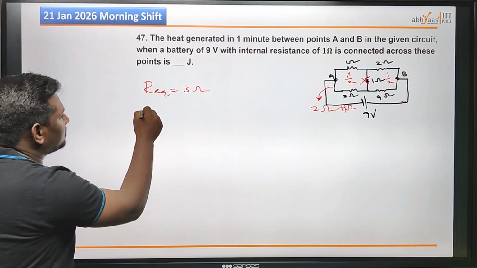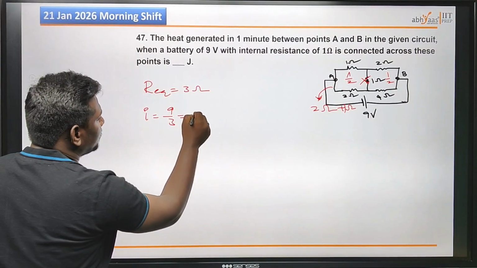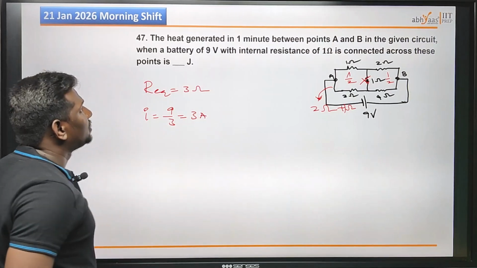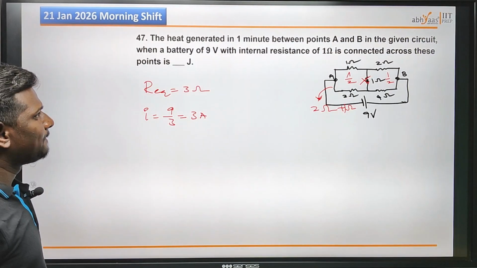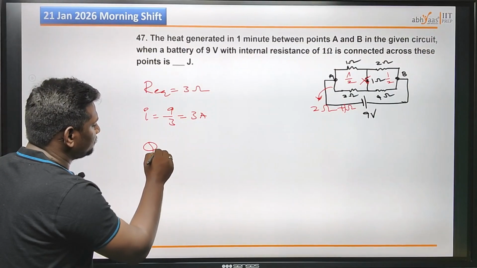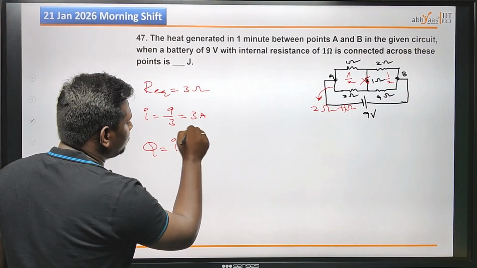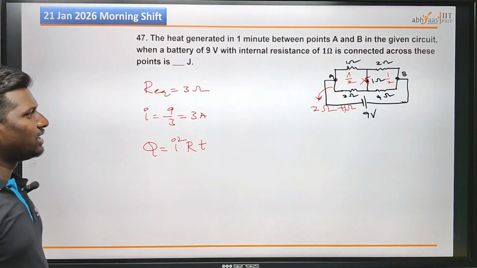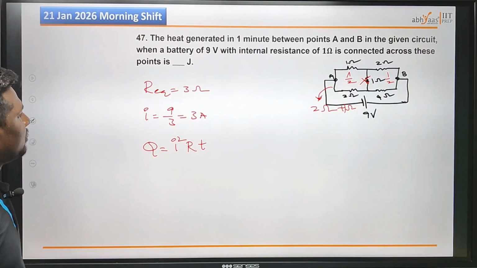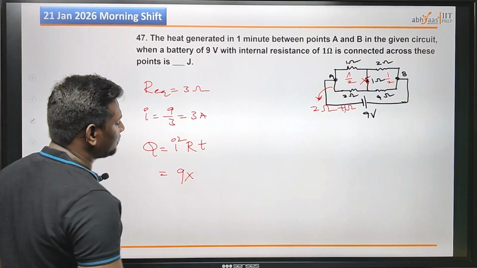So I is nothing but V by R, that is 9 by 3, equal to 3 ampere. So what is the power? Heat generated, Q equals I square R into T. What is I? That is 3, 3 square. What is R?